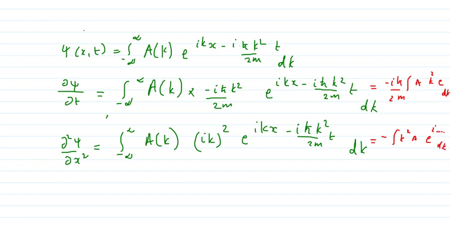Okay, so if we just analyze it, you can see that this part is the same here. So what we have to do is just give the value of minus dou square psi by dou x square here, if we have differentiated twice with respect to x.